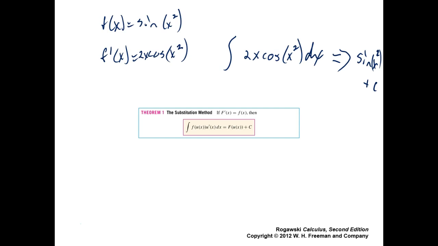They do a couple more, and they skip over some things here, but let me do them because they're doing them this way. What if you're trying to integrate 1 plus 3x squared times the cosine of x plus x cubed, dx? Well, at first glance, that looks like a product rule problem.